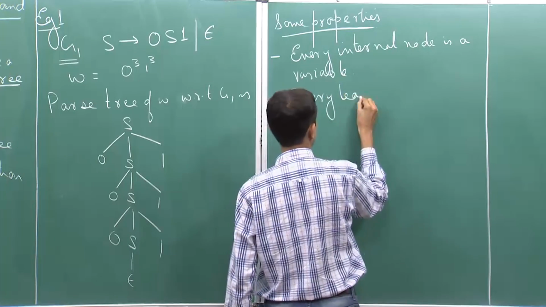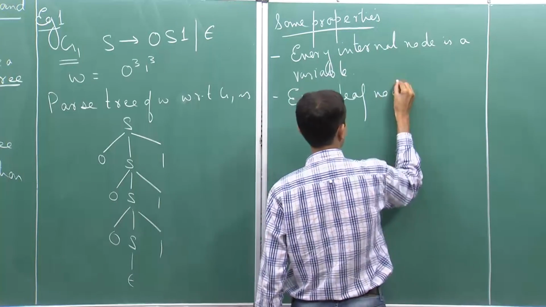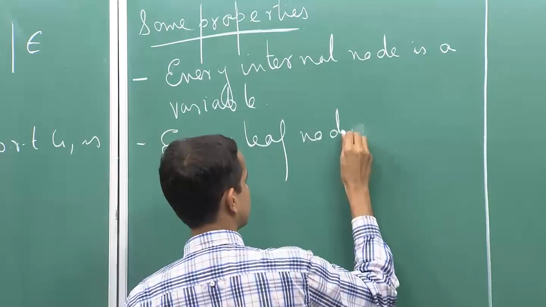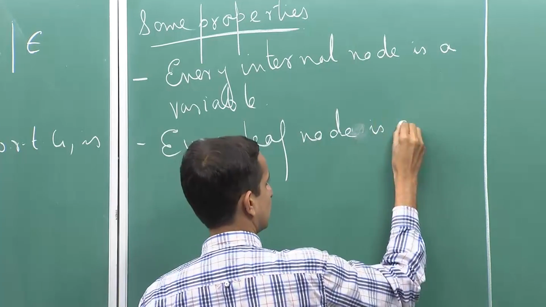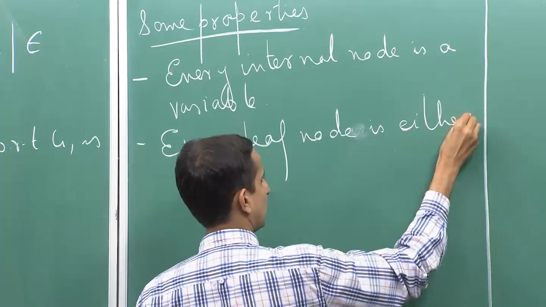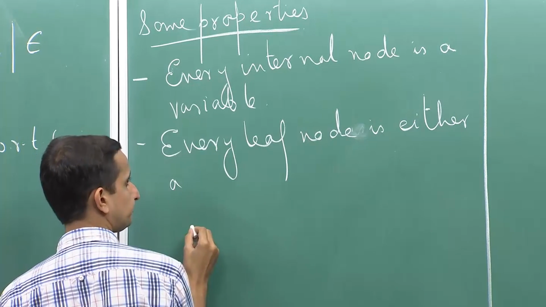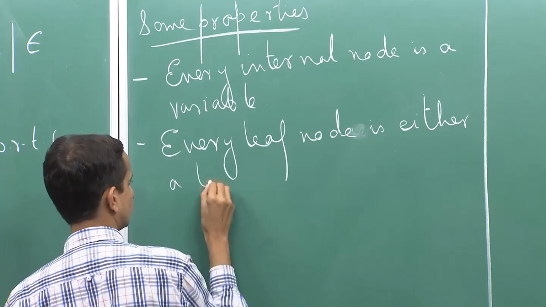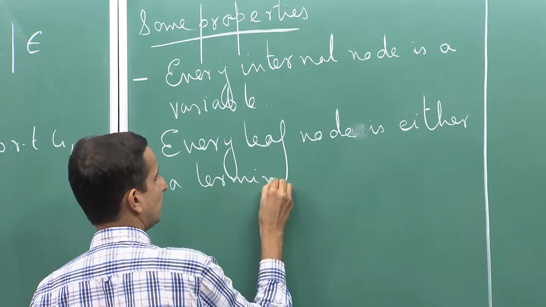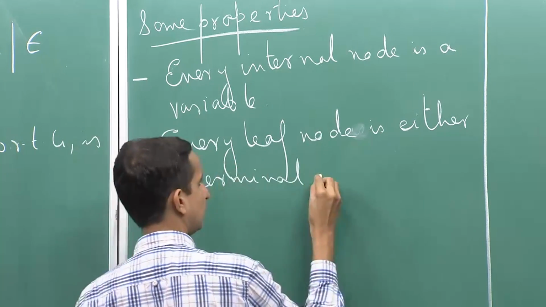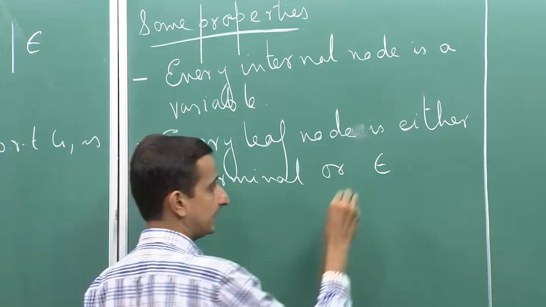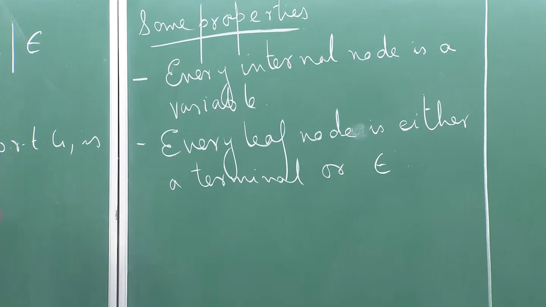Every leaf node is either a terminal or the empty string epsilon.